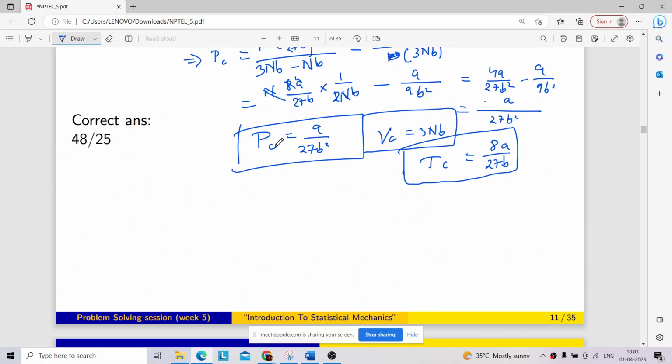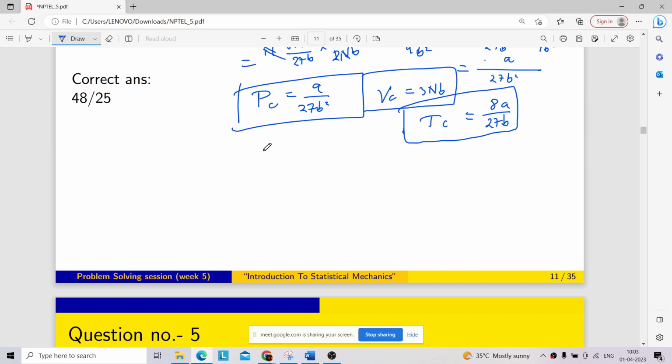So this reduced pressure is defined as total pressure divided by critical pressure. So I can write the total pressure as PR PC. Similarly, I can write V as VR VC and T as TR TC. So we are given these values, and we got these values by solving the above equations.